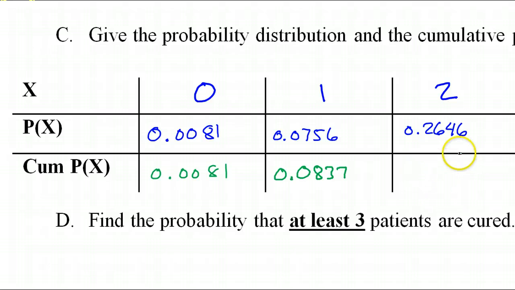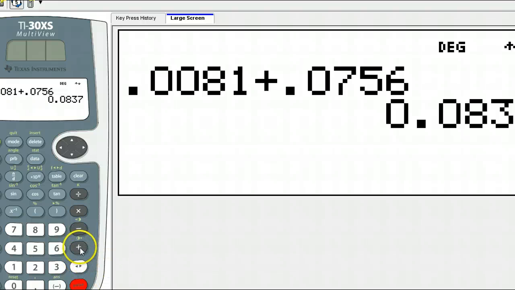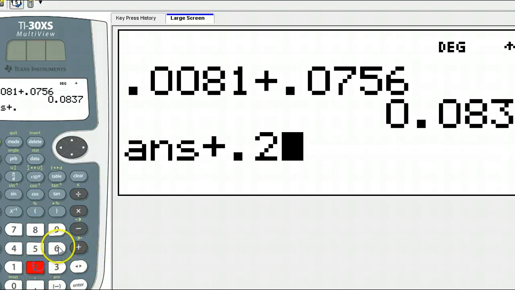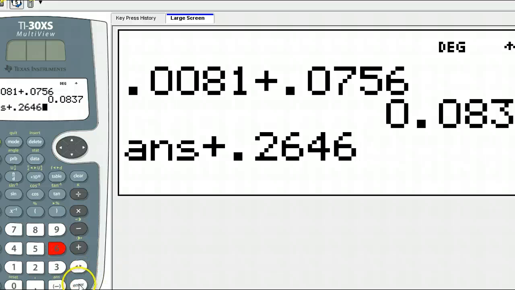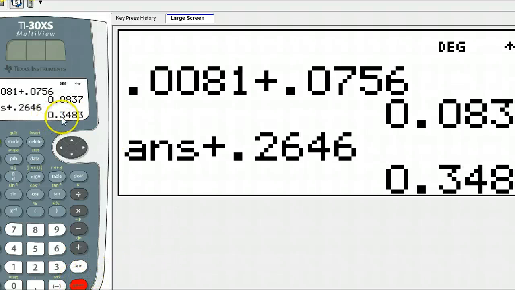Alright, now this next one should be the sum of all three of these. But remember, this one right here, 0.0837, is already the sum of the first two. So really all I need to do is add the new one. So I can take my last answer and just add 0.2646. So in the calculator I can just do plus 0.2646. Alright, I'm getting 0.3483.